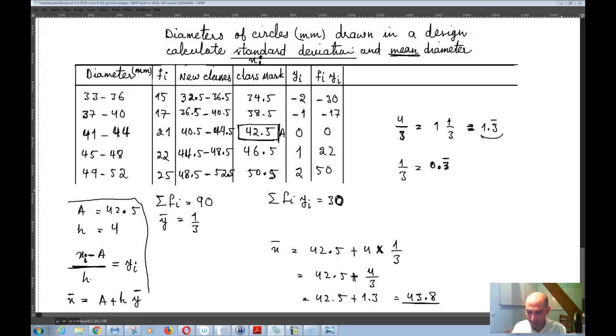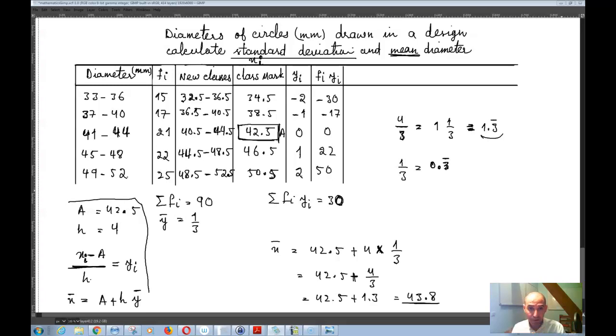Now 38.5 plus 4 is equal to 42.5. 42.5 plus 4 is 46.5. 46.5 plus 4 is equal to 50.5.